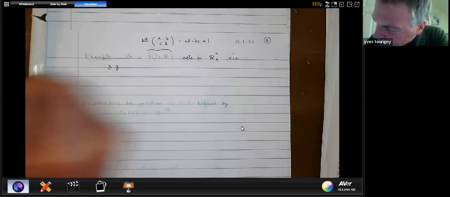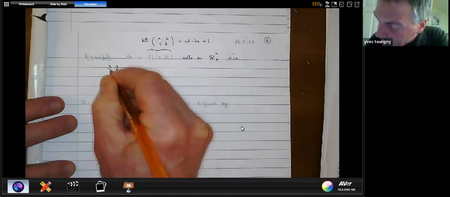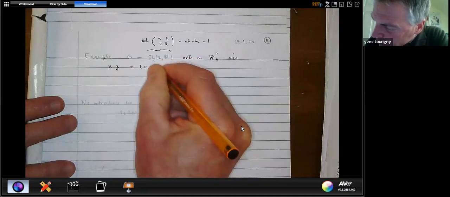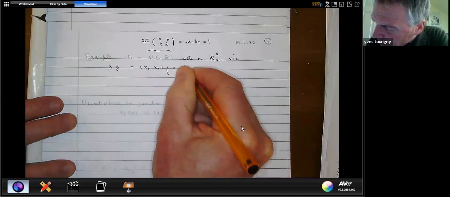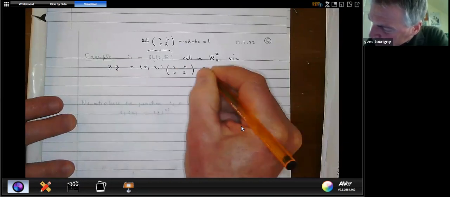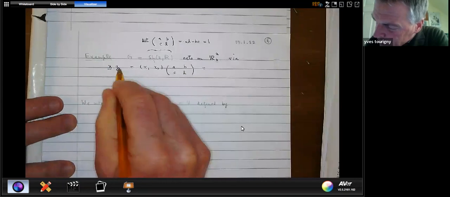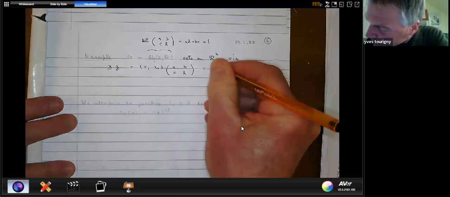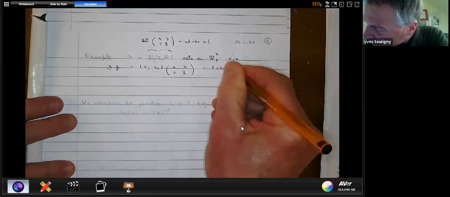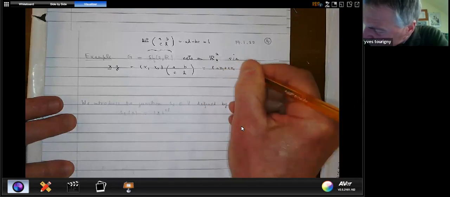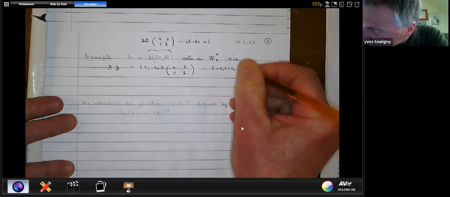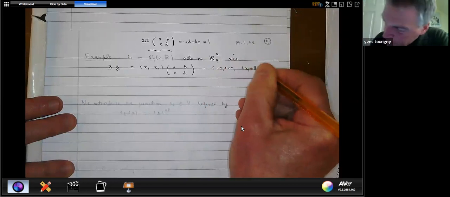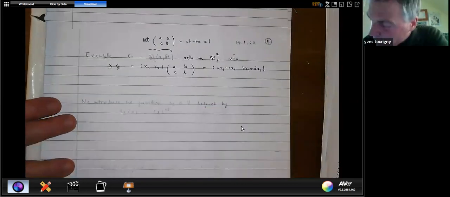If I have an element G and a vector X, then the action is simply multiplication from the right. The group element acts on the vector and sends it to another vector. And we work out the formula. It's just simply a right multiplication. Okay, so that's the action of the group on R2.